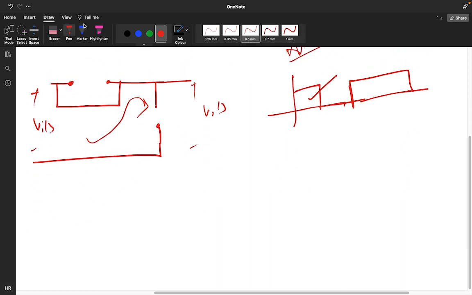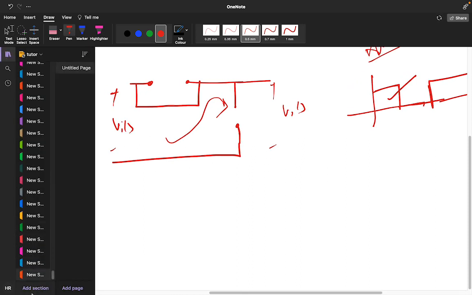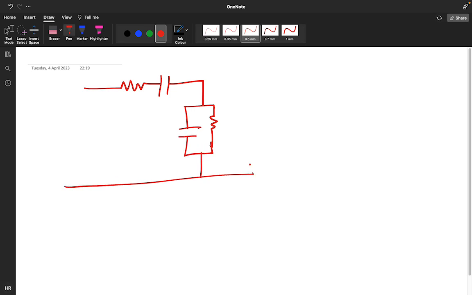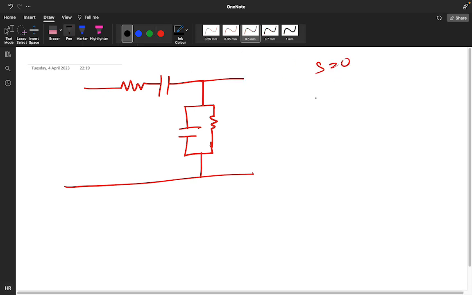Okay, now question number 3. If you have a filter like this, series this side, and this particular side. Put s equals 0, what will you get?